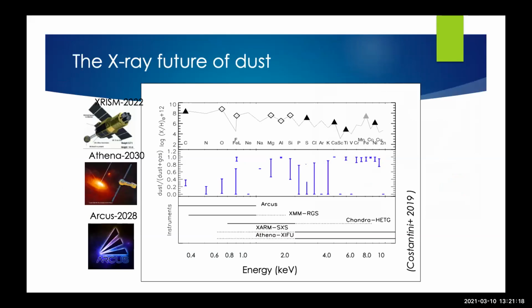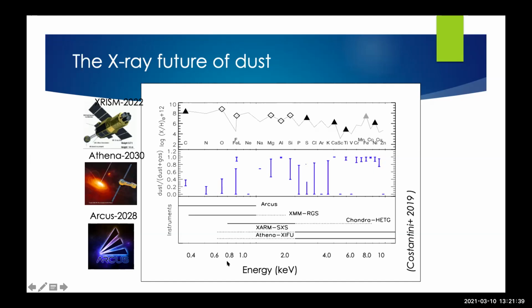So let me illustrate what we can observe. This is a summary plot of this concept, but you should only look at the top panel, where the diamonds tell us the elements that can be studied with current instruments.